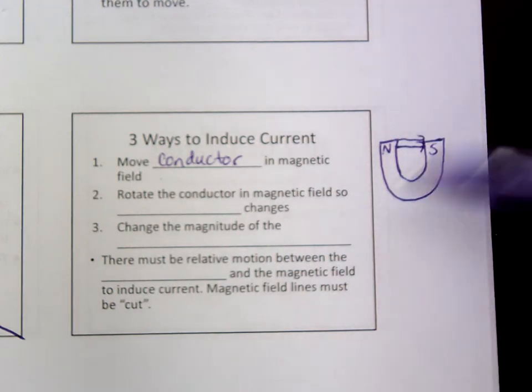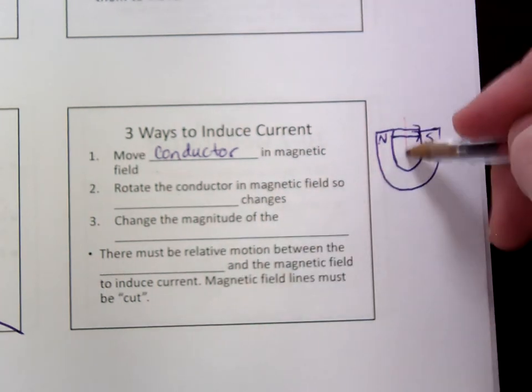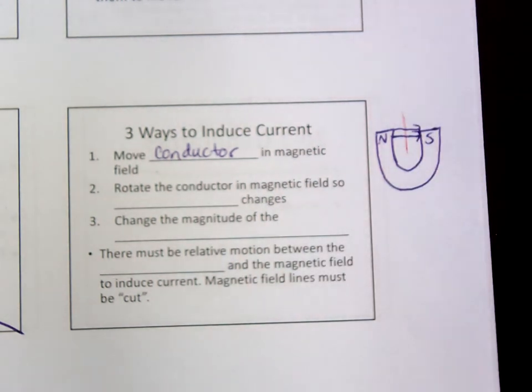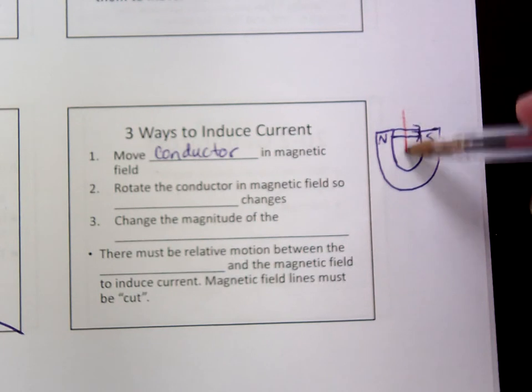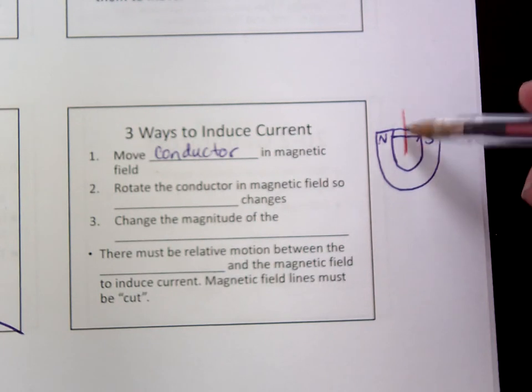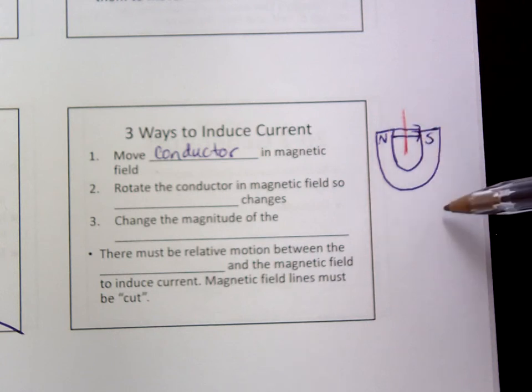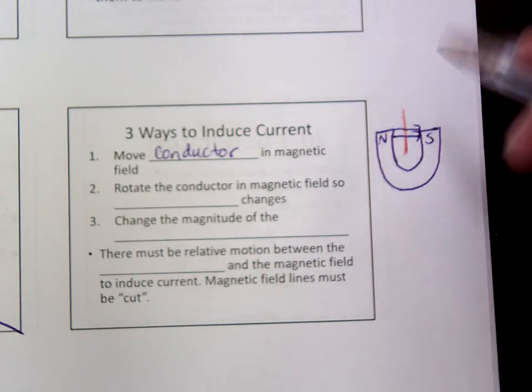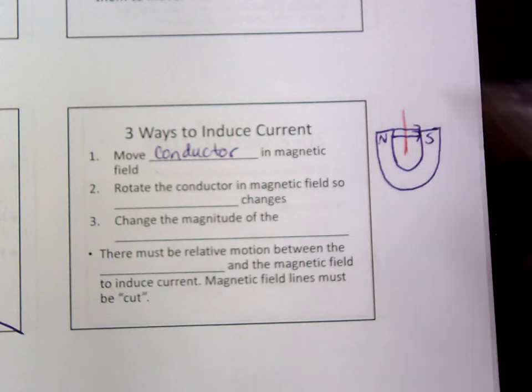And if I were to take a wire and move that wire in between the poles of the magnet, the wire, as it moved between the two poles, would kind of cut those magnetic field lines. Now, when I say cut, they're not severing the field lines, it's just passing through it.